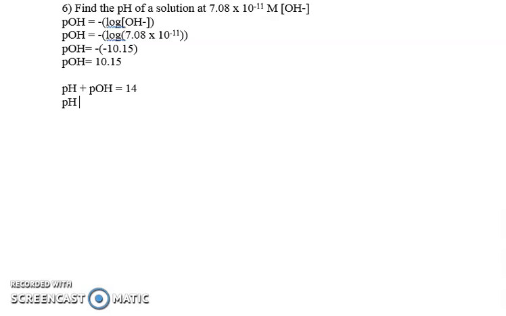Means that pH is going to be equal to 14 minus 10.15. Why 10.15? Because it's the value of the pOH, and the pOH, when we clear the formula, passes over to this side, subtracting. So now we have pH equals then 3.85, and there you go.